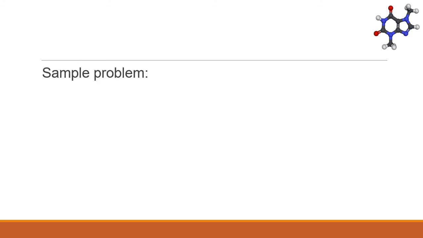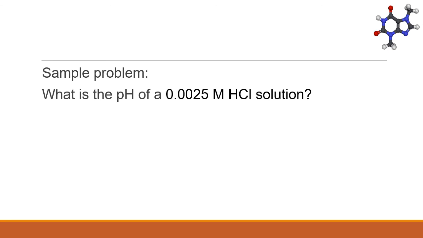Let's do a sample problem to practice calculating pH from a given concentration of hydrogen ions. In our first problem, we are asked to find the pH of a 0.0025 molar concentration of hydrochloric acid. We know that hydrochloric acid is a strong acid and it completely dissociates in water to form hydronium ions. So, we know that the concentration of hydrogen is 0.0025.